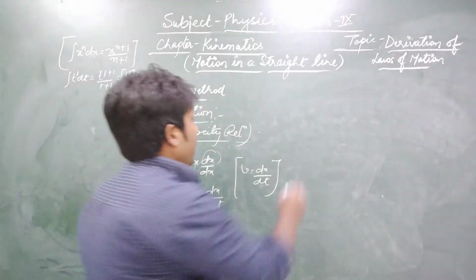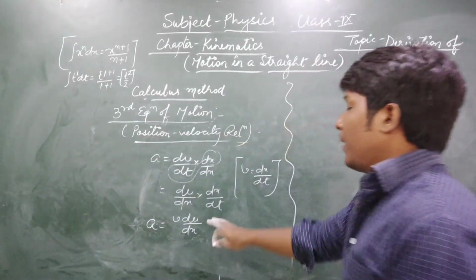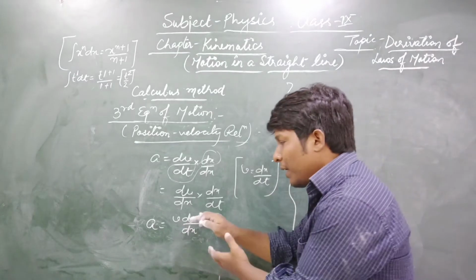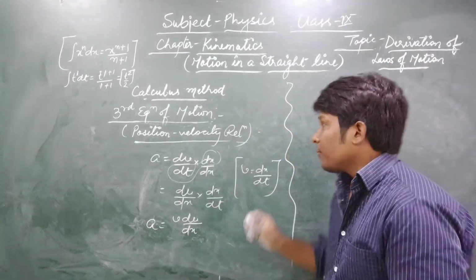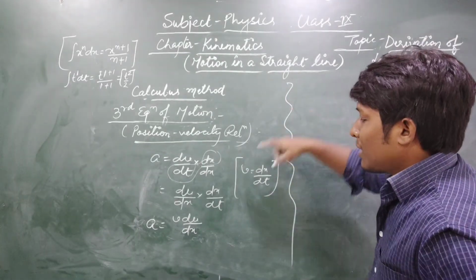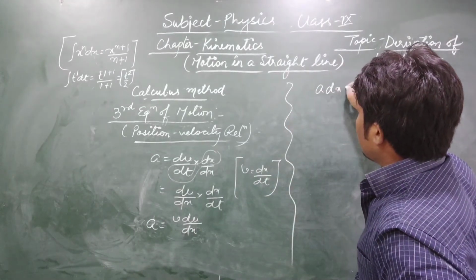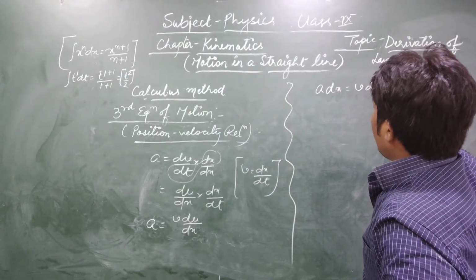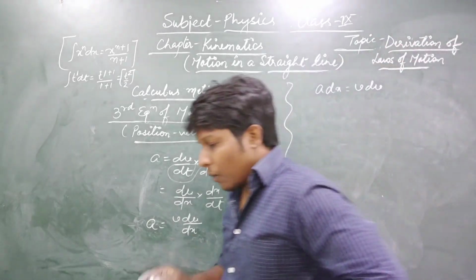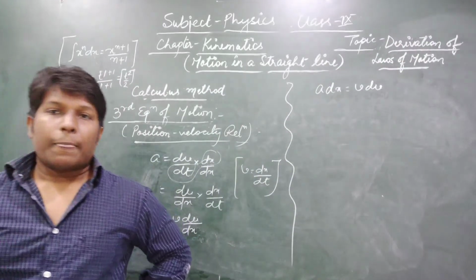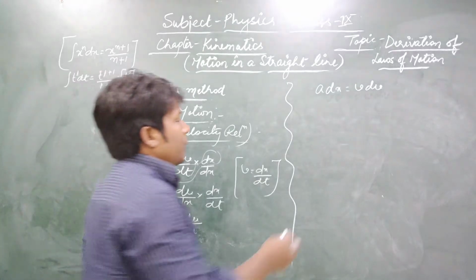So now you get acceleration is equal to v dv by dx. Just cross multiply here, so you will get a dx is equal to v dv. Now just put the integration sign and the limit.